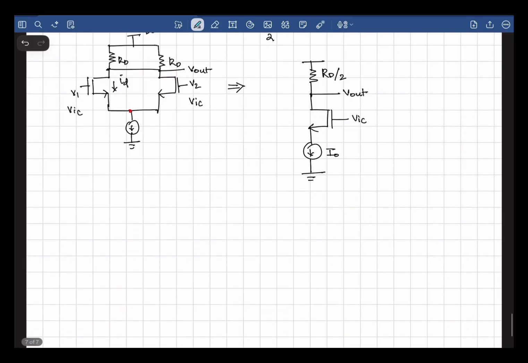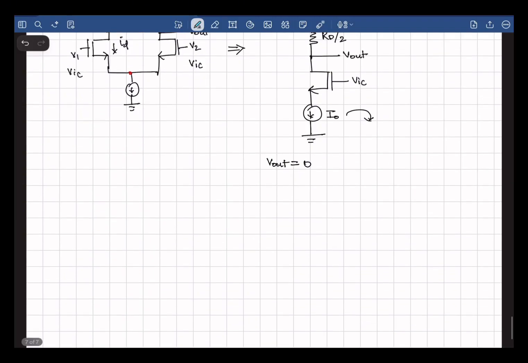Now what do you think the small signal voltage at V out would be? Well, the small signal voltage at V out is 0 because the current source at the source, I naught, sets the current in the circuit. So any changes in the gate voltage is not going to change ID. That's why the V out is 0.